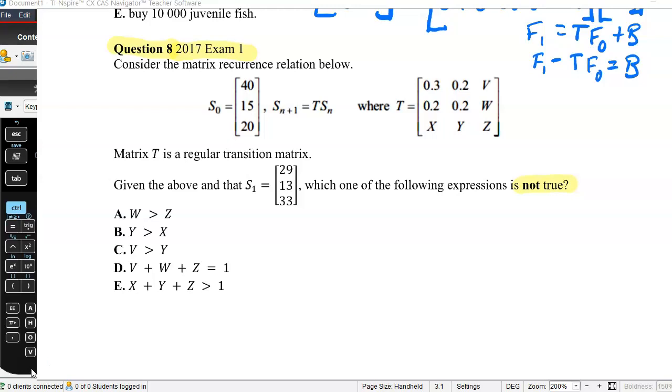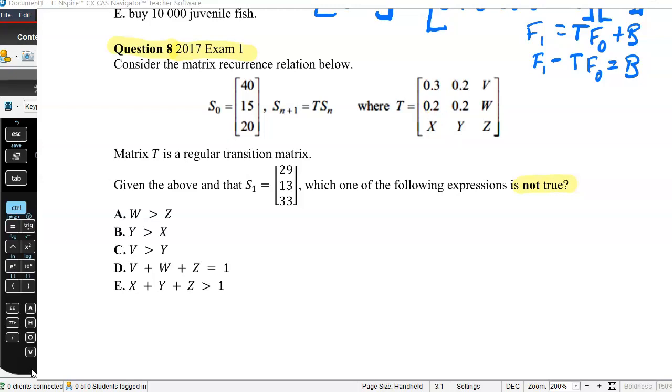Okay, so let's look at our transition matrix here. A bit of a reminder, what do the columns have to add up to? They have to add up to 1, don't they? So let's have a look at what x is going to be then.